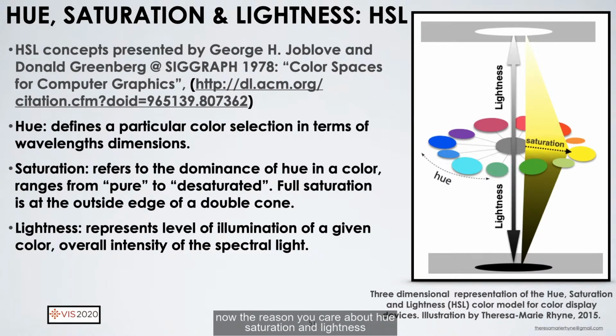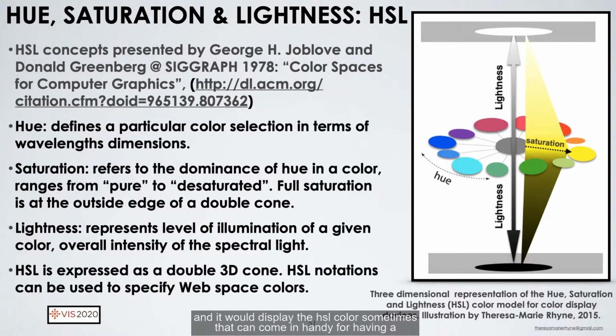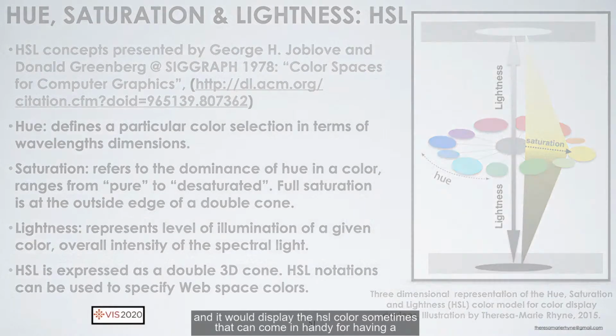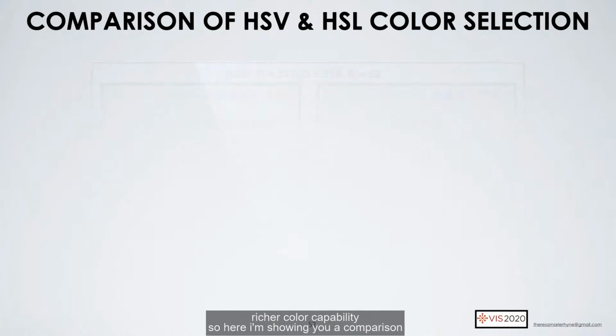The reason you care about hue, saturation, and lightness is if you ever are designing anything like web pages, it turns out the web consortium supported hue, saturation, and lightness. So if you knew the HSL values of your visualization, you could enter those values into your code rather than trying to figure out the web hex codes, and it would display in HSL. Sometimes that can come in handy for having a richer color capability.